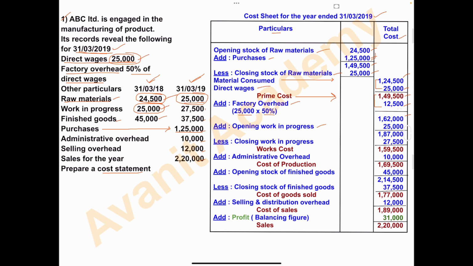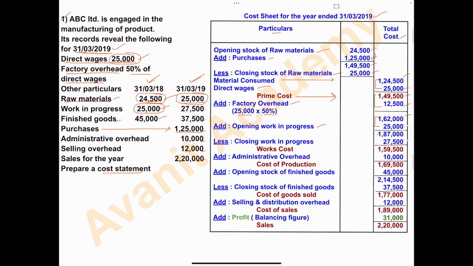So this 25,000 we have to add. Add these two amounts. 1,62,000 plus 25,000 and the total is 1,87,000.